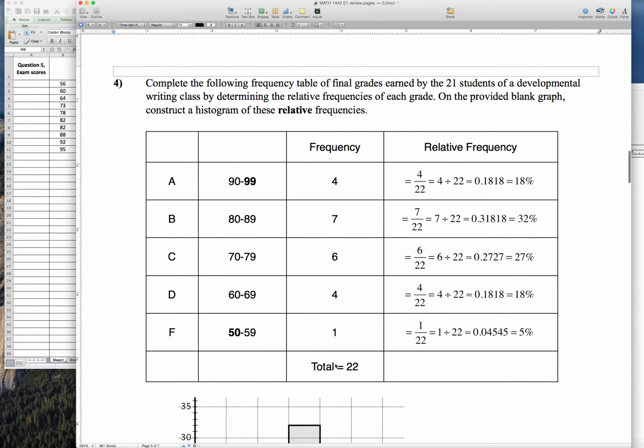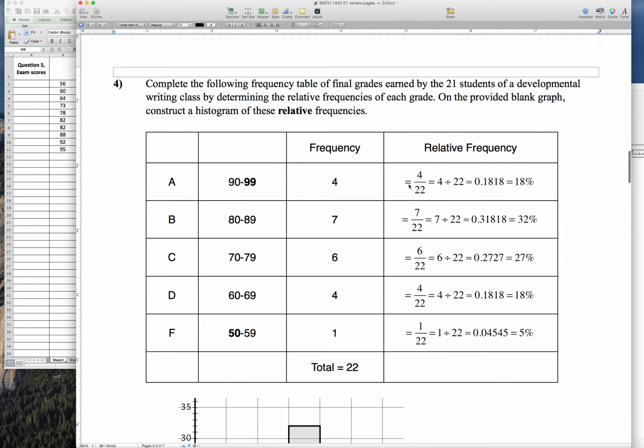So here we have a frequency of 4 grades in this class, a total of 22 grades, so 4 divided by 22 is equal to 0.18181818. It doesn't terminate. We round that to 0.18 and move the decimal 2 places to arrive at 18%. In the same way, we divide 7 by 22. We get 0.3181818, and you round that to 0.32.